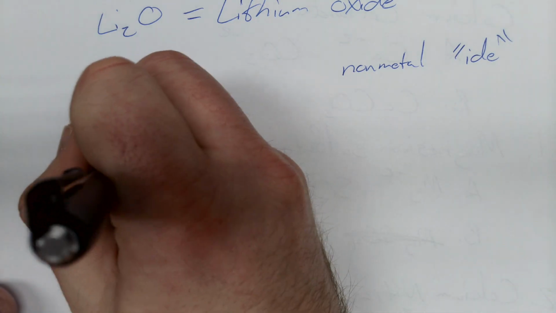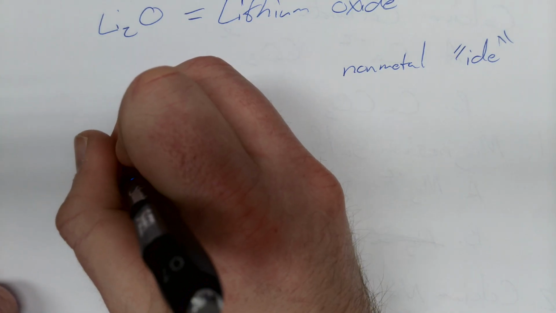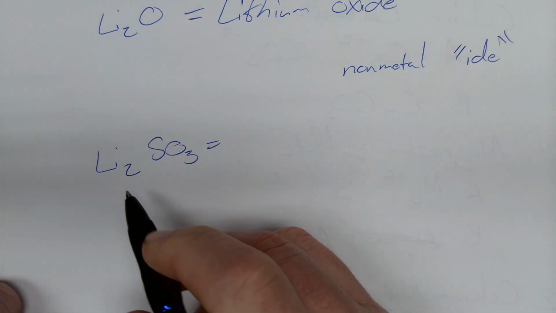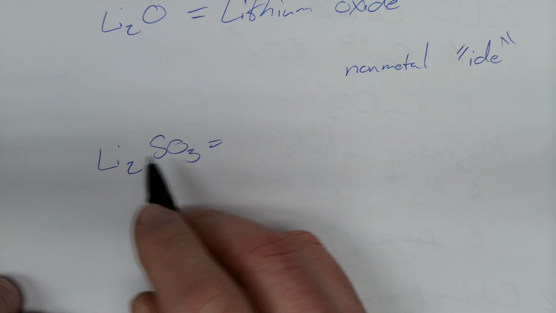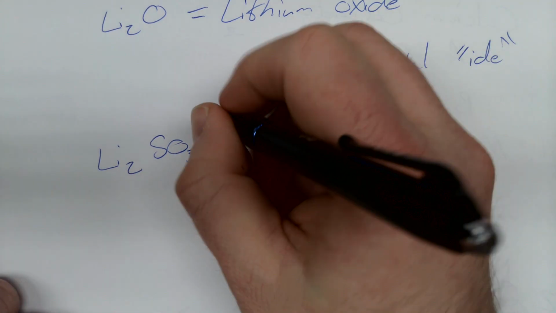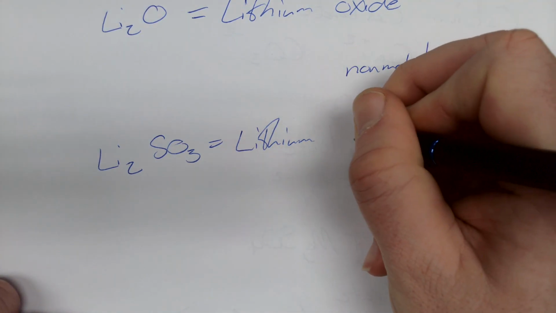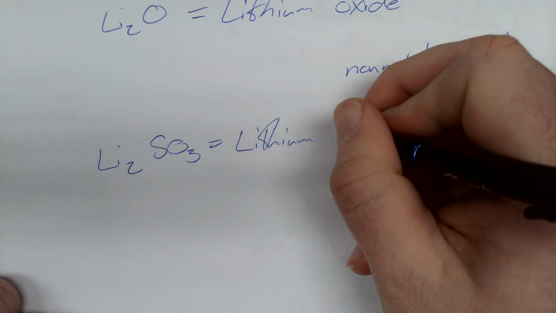If it is an ionic compound using a polyatomic ion, it's always just going to be the metal and then whatever the polyatomic ion is.